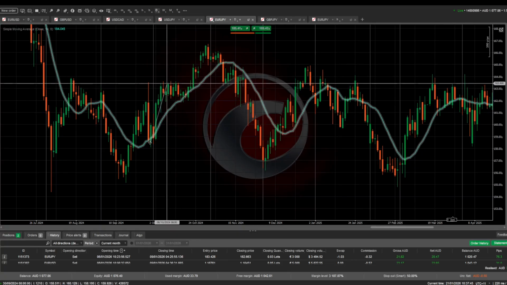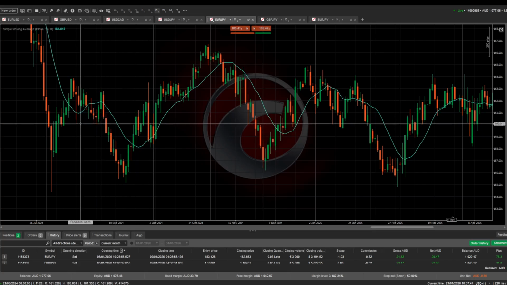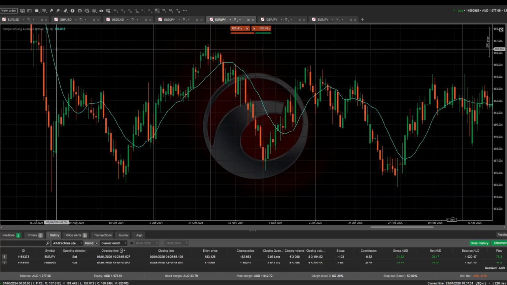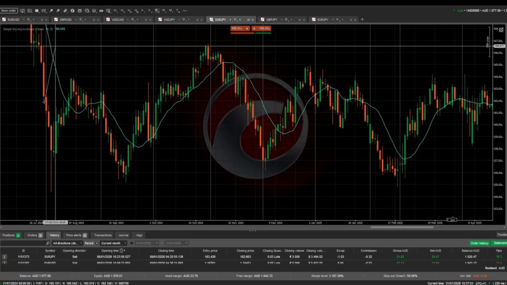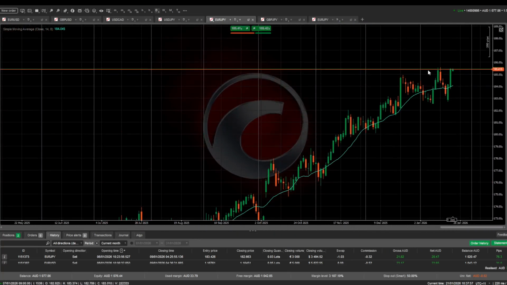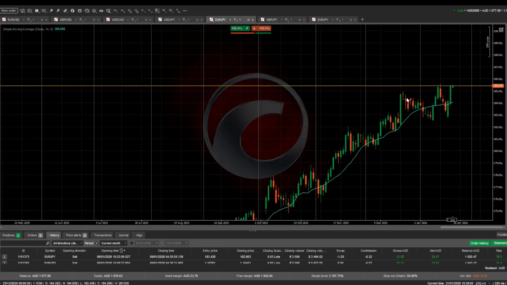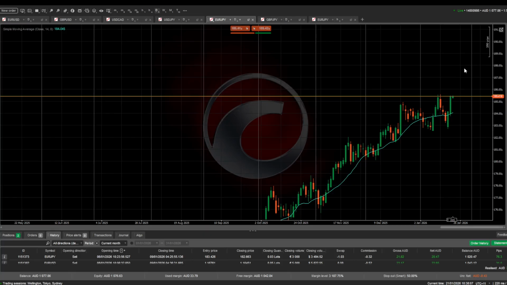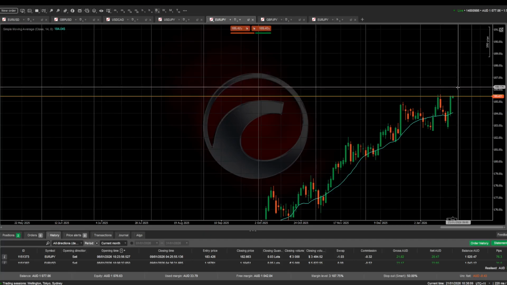You got 495. Like Jesus, they're big. See, 500, 467. So while this is big compared to some of the other pairs, especially US CAD or Euro US dollar, which have very small average true range, this one's okay.